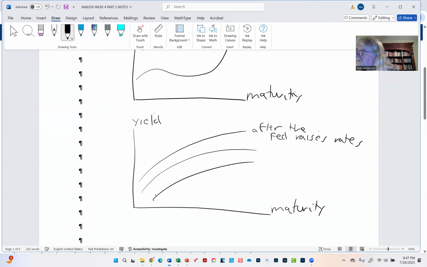And then all of a sudden down here, of course, that might be what happens after the Fed cuts rates. Okay. So the curve does shift around over time. And at the moment we're waiting for them to do something. I think they're meeting next week, if I'm remembering correctly. I don't think anyone expects any changes until at least the fall.